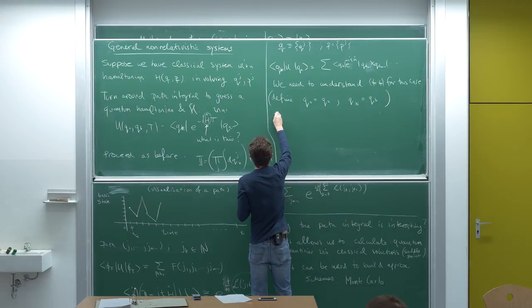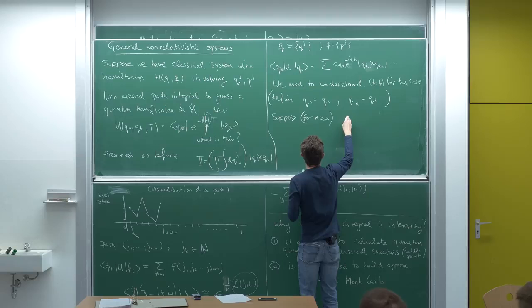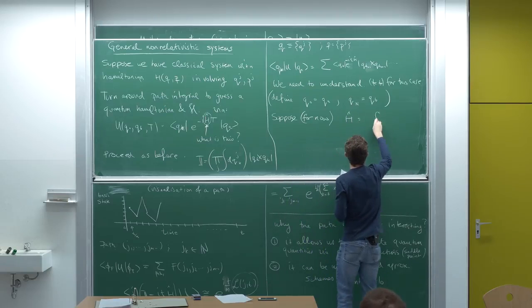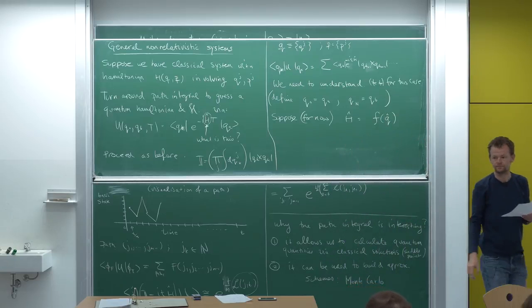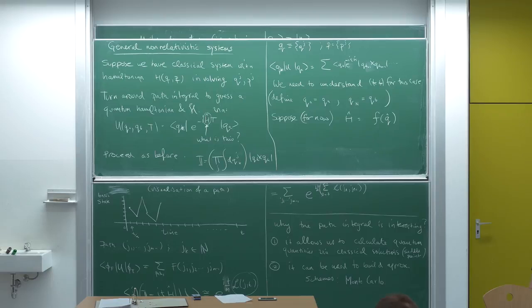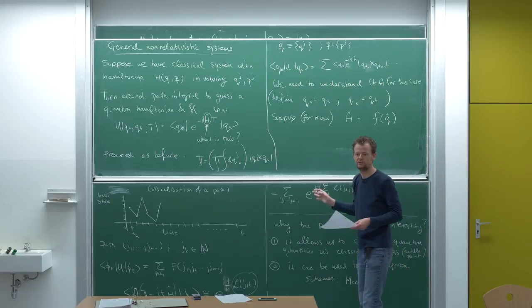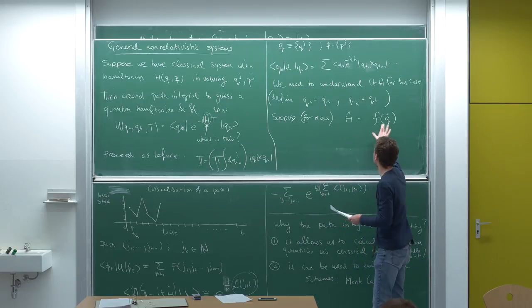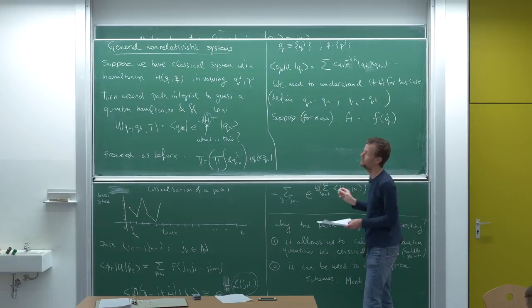And to make life even easier, we're going to assume that our quantum Hamiltonian is some function of the quantum position operator. We're going to change this assumption presently. But suppose for now, to get further in this derivation, that H just happens to consist of some function of the position operators.